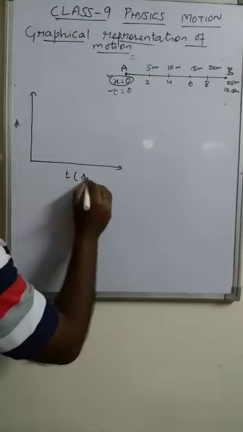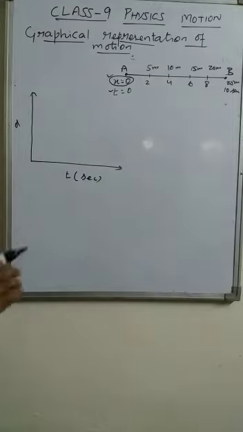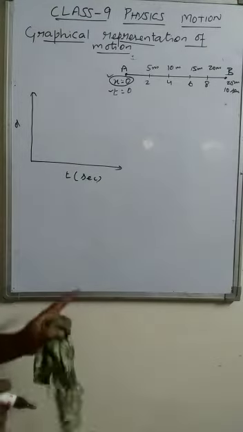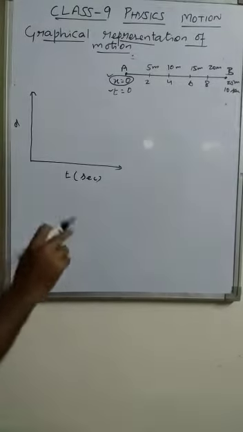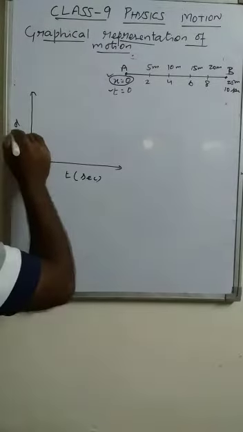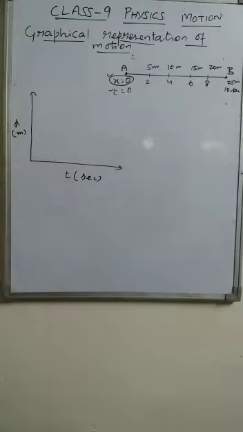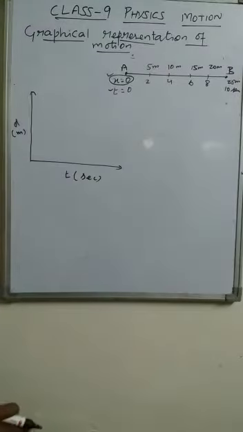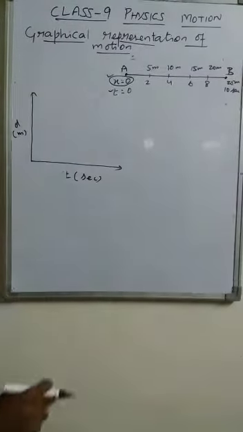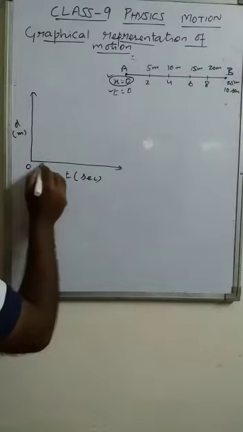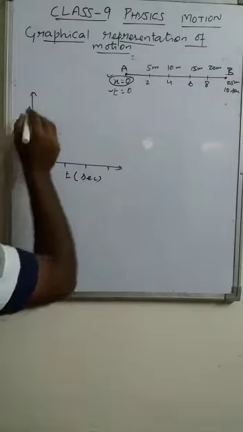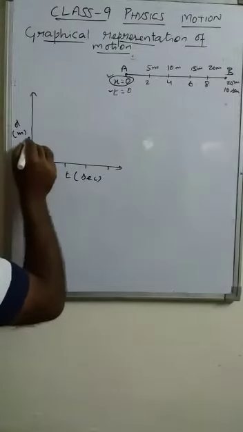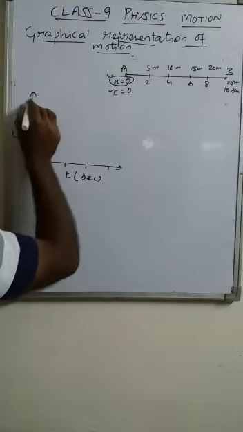The time is in seconds. Whenever you draw the graph, you plot the graph, this thing must be mentioned: whatever the variable is, it is written in which unit. Here the distance is in meter. Now if we plot the graph for the time taken, that is 2, 4, 6, 8 and so on, then here it is 5, 10, 15, 20, 25 like this.